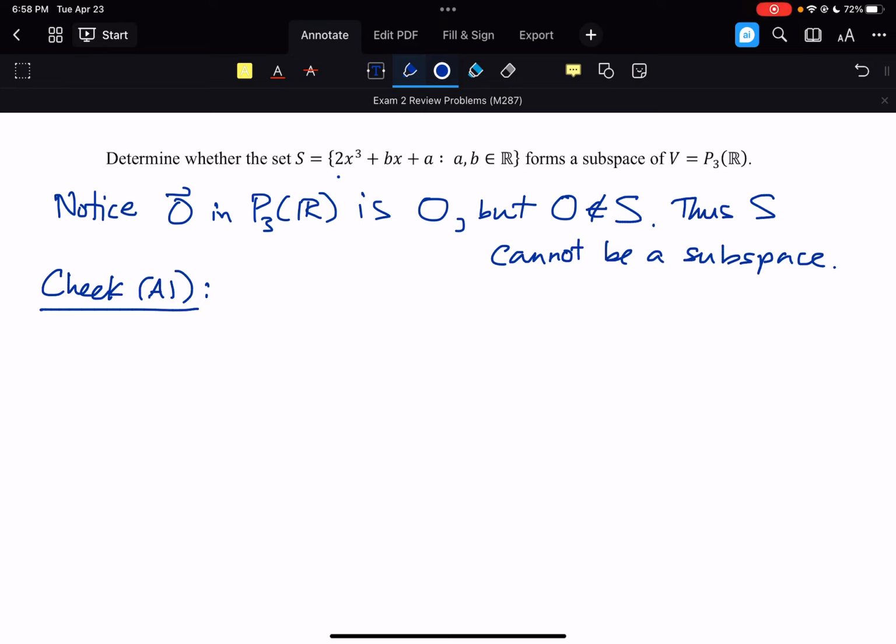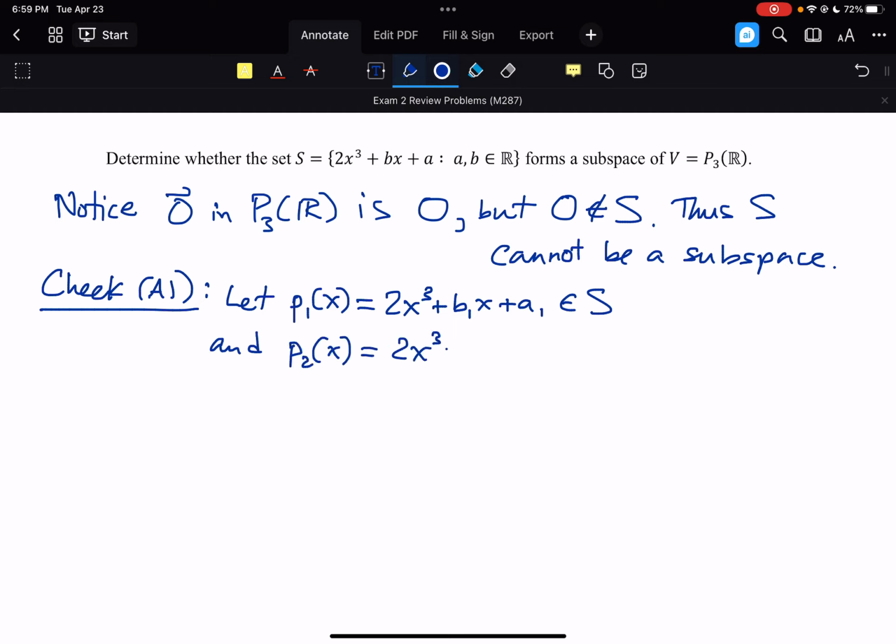So we need to establish some vectors in S. We're going to let P1 of x be a polynomial of this form, 2x cubed plus b1x plus a1, an element of S. And P2 of x, that'll be 2x cubed plus b2x plus a2, also in S. So we're establishing two vectors that are both in the subset. The question is, does their sum also fall within the subset?